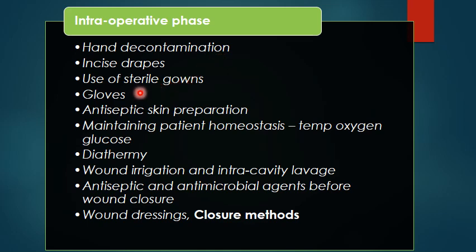Using a sterile gown and sterile gloves, using antiseptic skin preparation for the patient, and maintaining homeostasis, temperature, oxygen during operation, and the type of diathermy is very important. Wound irrigation, intracavity lavage, using the agent before closure, wound closure, and type of dressing are all points that can increase or hinder the risk of surgical site infection.